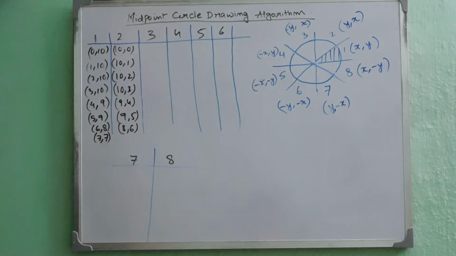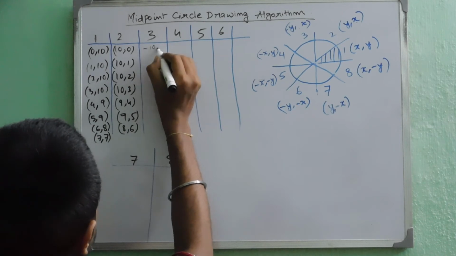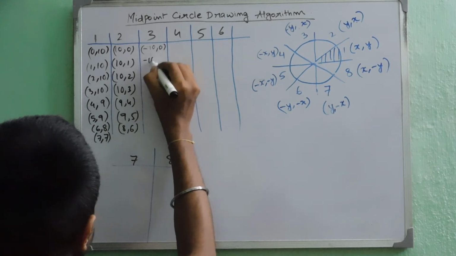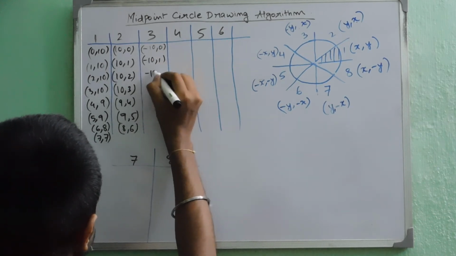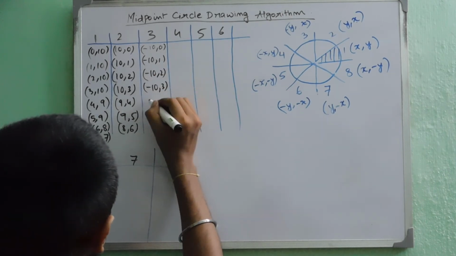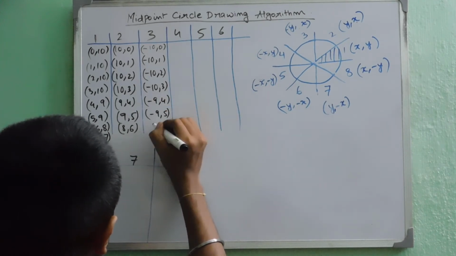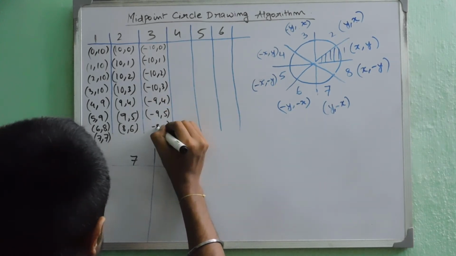For the third octant we will have minus 10, 0, minus 10, 1, minus 10, 2, minus 10, 3, minus 9, 4, minus 9, 5 and minus 8, 6.